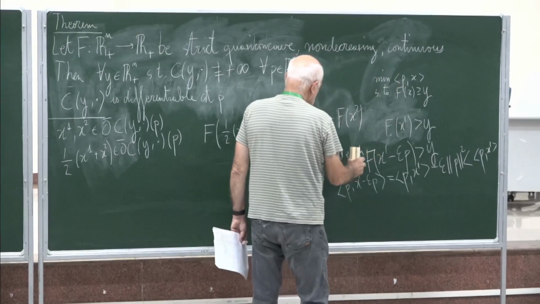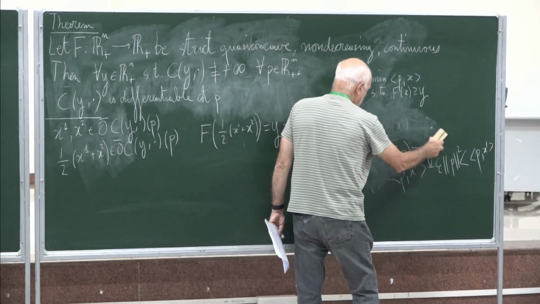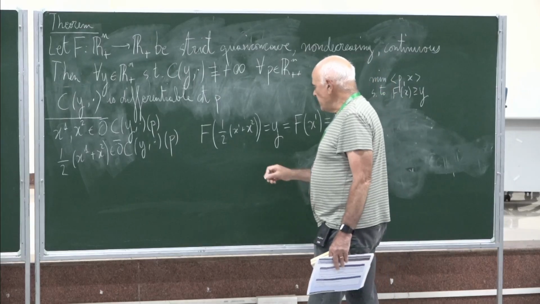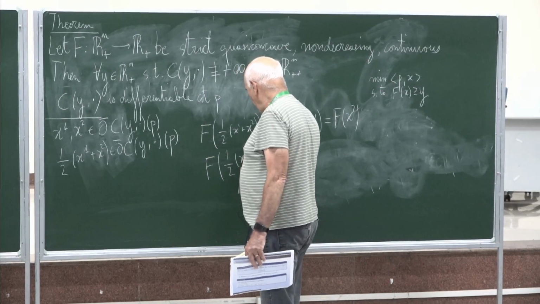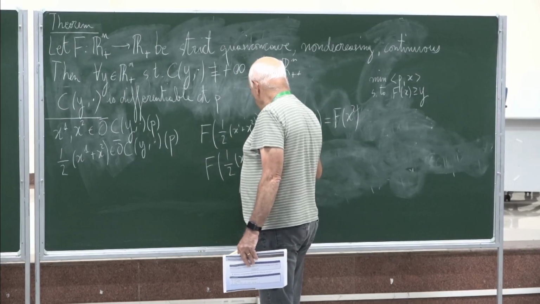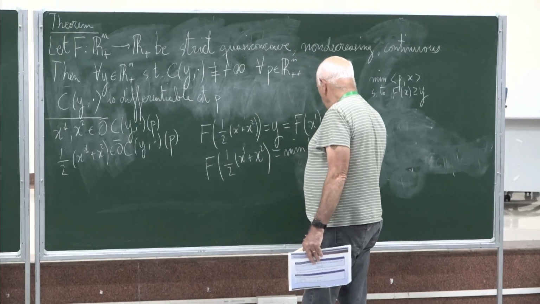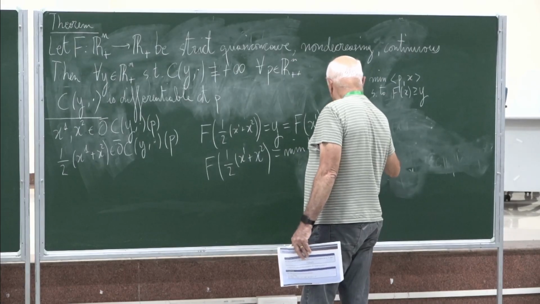This is a consequence of continuity. The conclusion is that f of 1/2 (x1 plus x2) is equal to the minimum of f of x1 and f of x2.